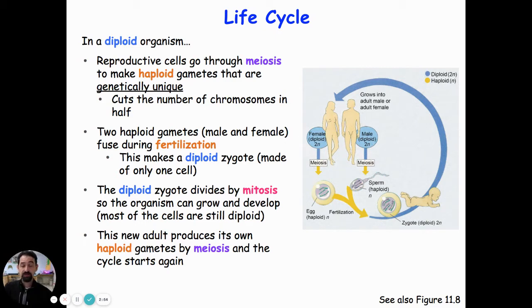If you're talking about something like, I believe a horse maybe has 60 chromosomes, their gametes would have 30 chromosomes. So 30 plus 30 would then equal 60. So those 2 haploid gametes fuse and make that diploid zygote. You once again restore the normal number of chromosomes. Then that zygote divides by mitosis and makes a fully diploid organism.